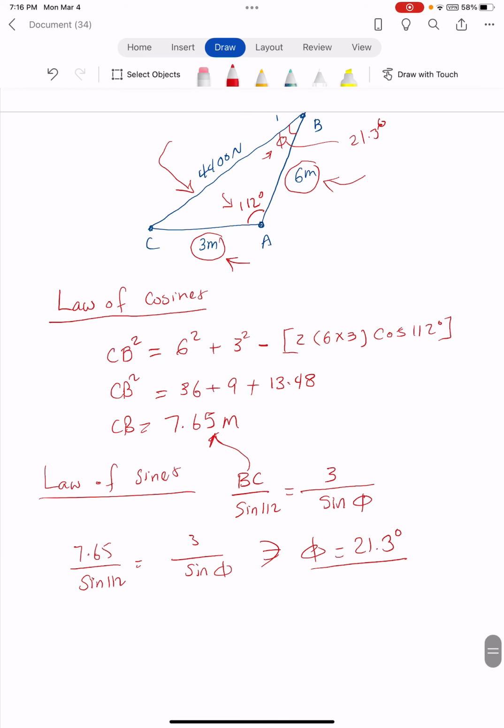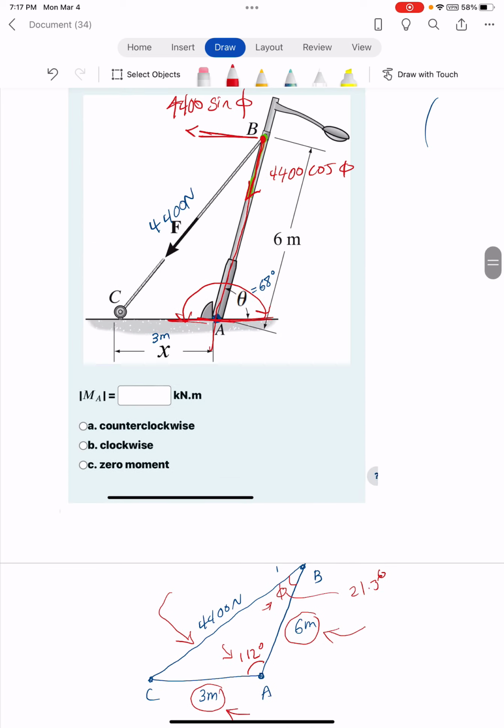So the moment at A is 4,400 sine phi, which is 21.3, times the perpendicular distance, which is 6 meters.